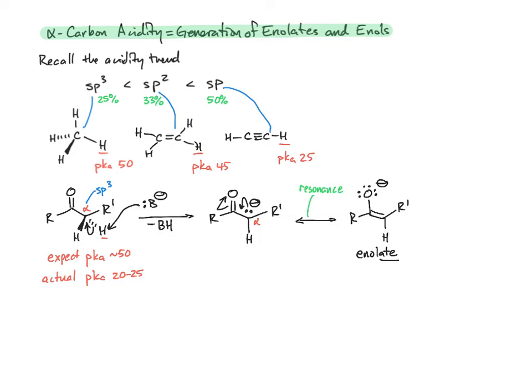So we have an enolate. Again, an enolate is going to be a nucleophile. So that supplies the electrons to form a bond. The nucleophile reacts at the alpha carbon.